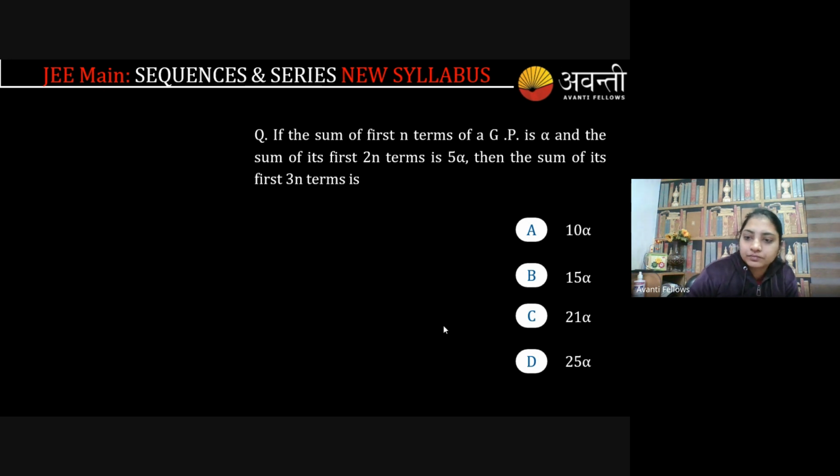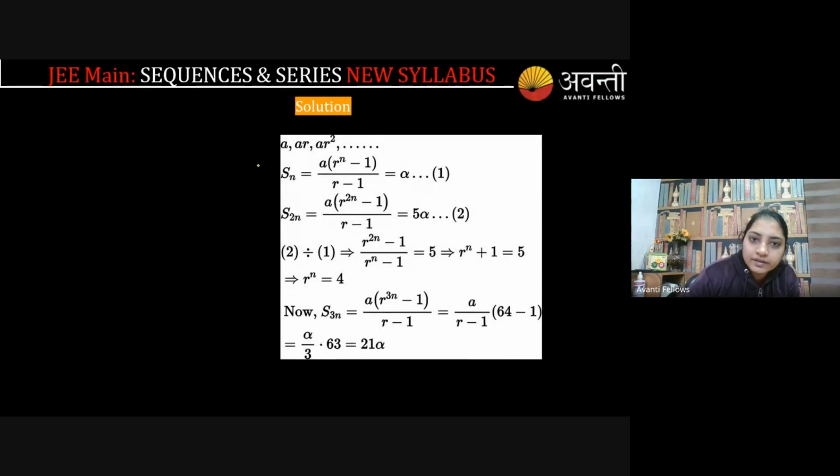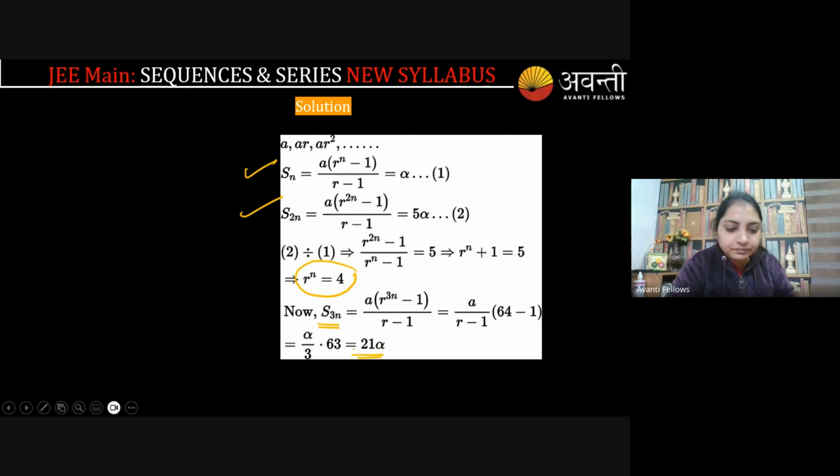Yes or no? I think this must be the approach. If you go ahead now, you just write the sum of n terms for alpha 2n, divide them. You will get the power of r raised to power n. Then write the formula for 3n. Just solve this part. Clear, everyone? Yes, ma'am. Okay.